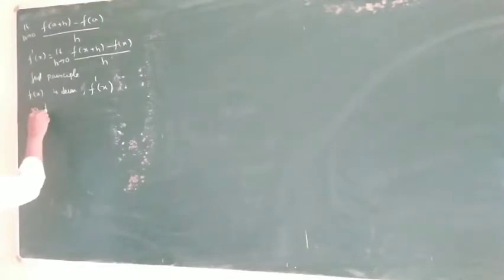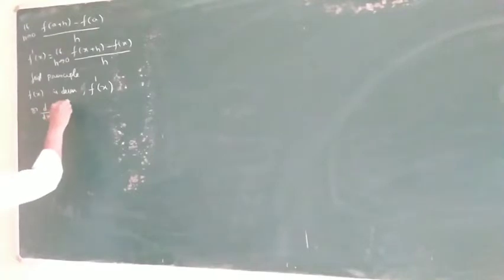F dash of x means one time derivative. So f dash of x is the same as d by dx of f of x.